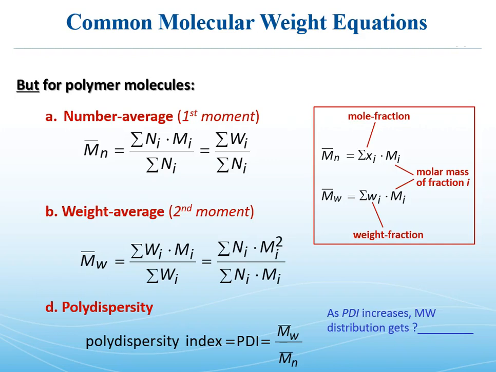Okay, another way to look at just the formulas for number and weight average molecular weight, and this leads to more terminology that you might see in literature. Another way of writing the formula for number average molecular weight is the sum of the number of molecules in any given interval, each one of those little ranges, times the molecular weight of the range, over the sum of the numbers.